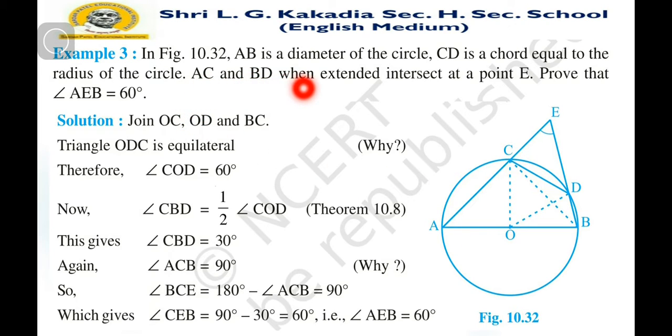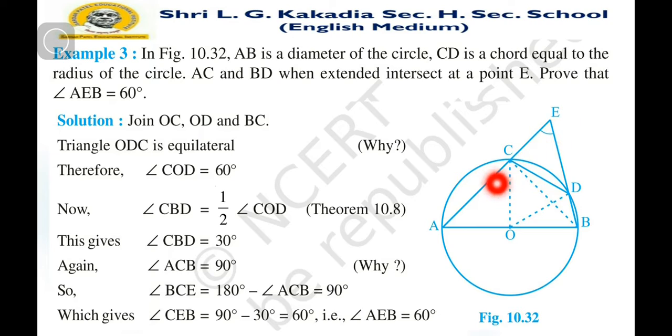AC and BD, when extended, intersect at the point E.